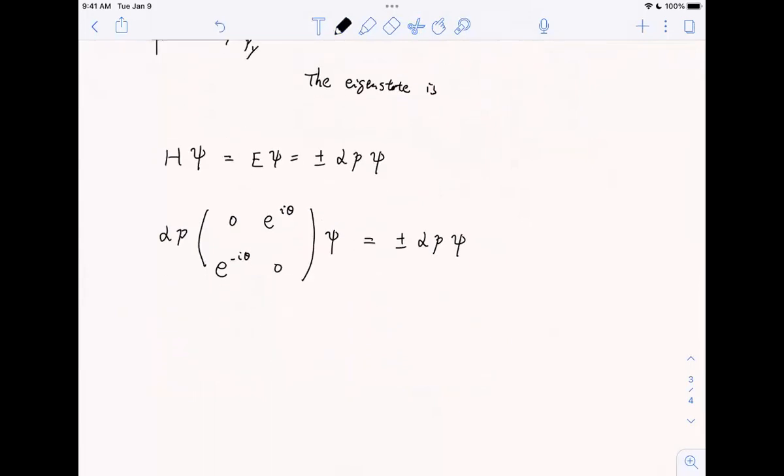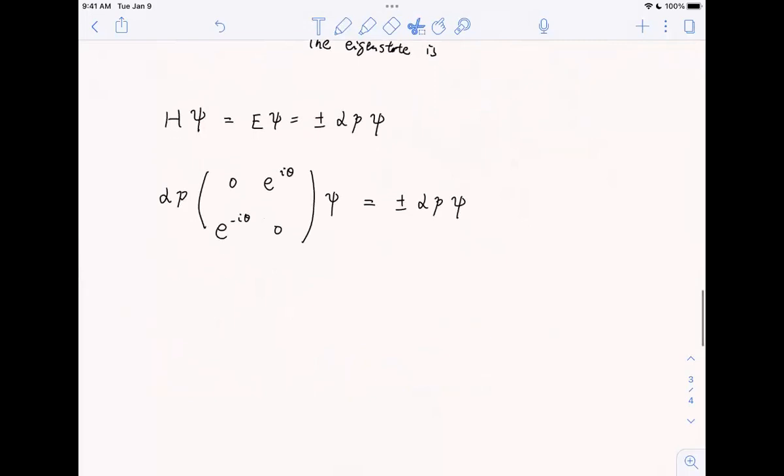So from here, you can already delete this parameter here. So let me decompose it, make it into a two-component wave function.